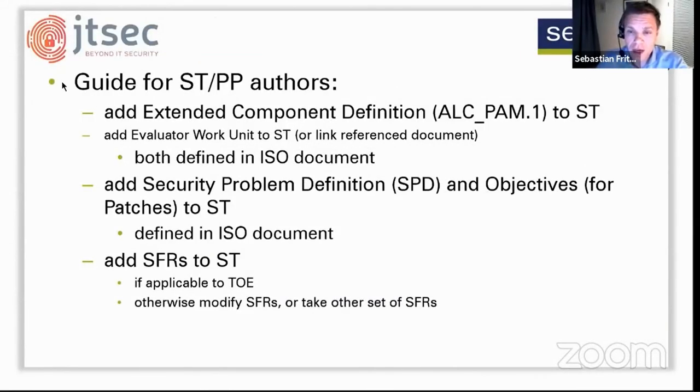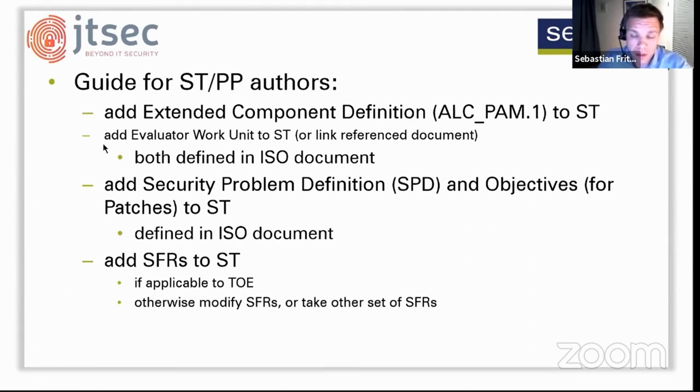And this is the guide, how to apply. First, you of course have to extend the ALC PAM component into your security target or protection profile. Then it's also necessary to include the evaluator work units. We have both in the draft of the TR, and then of course the security problem has to be extended, and there is a need for this set of SFRs.